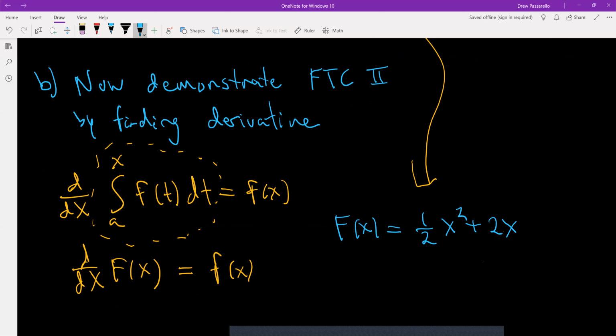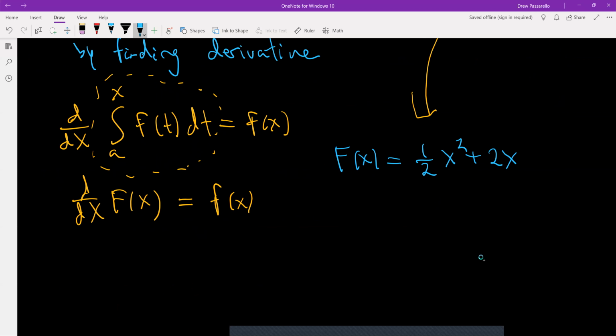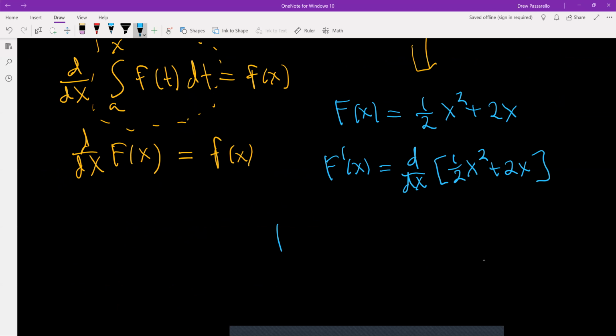So for us, I differentiate, so F prime of x is the derivative of 1/2 x squared plus 2x. And so for capital F prime, the derivative of x squared, you have to remember the derivative rules. Differentiating x to the n is n times x to the n minus 1.